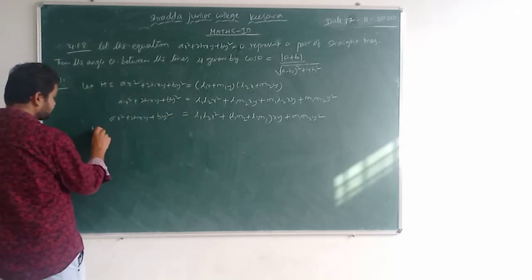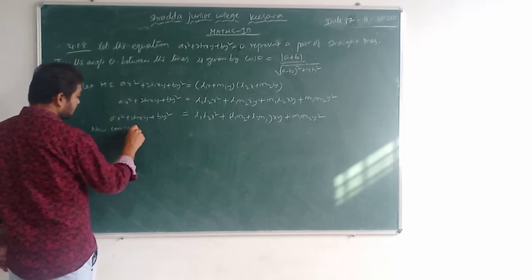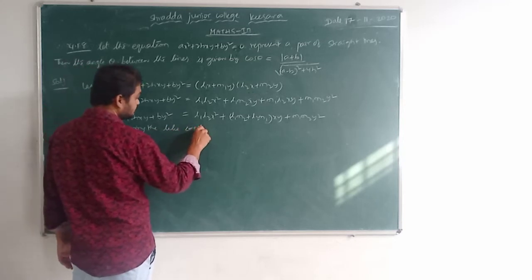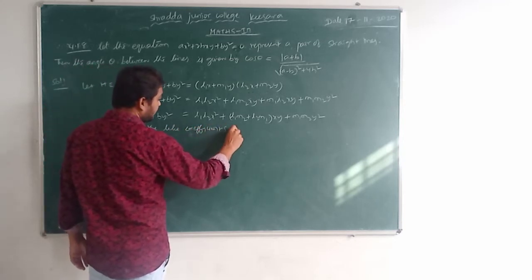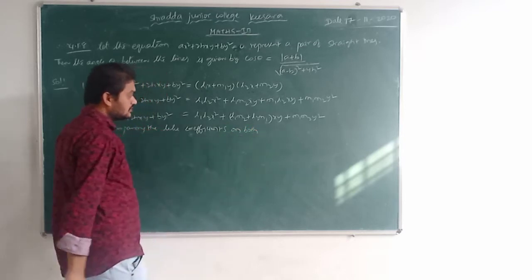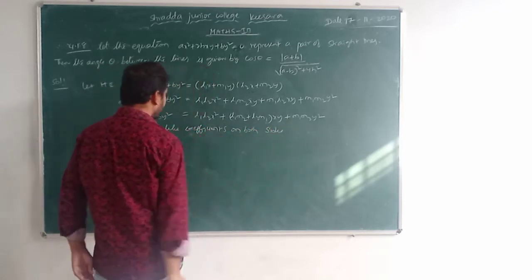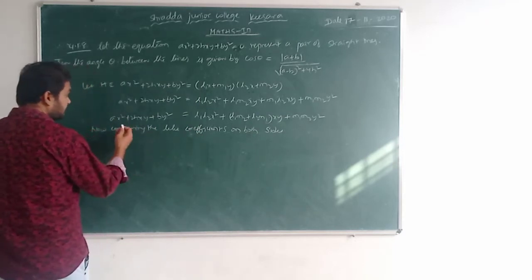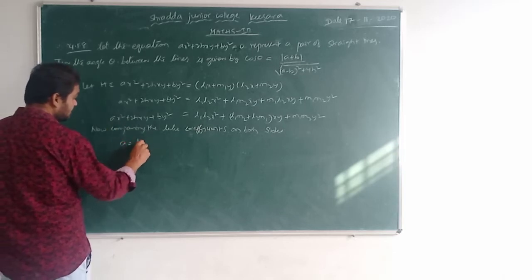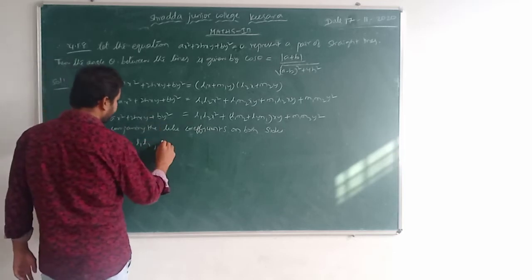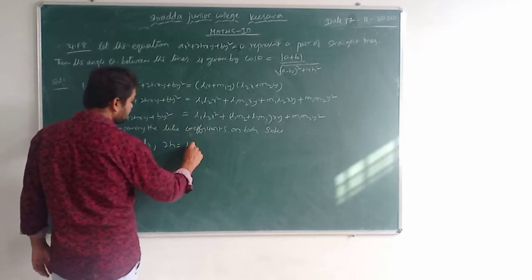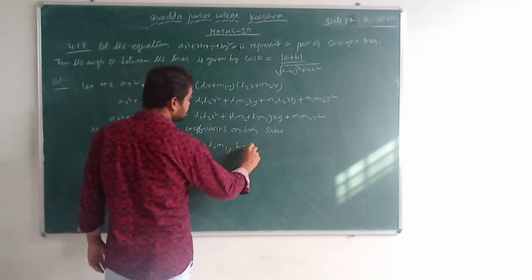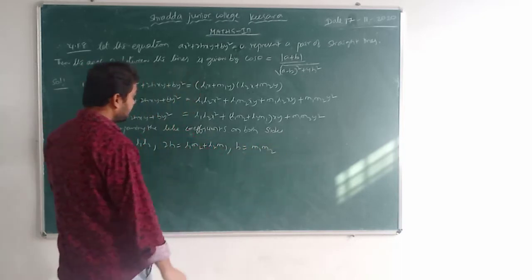Now comparing the like coefficients on both sides. Now see, what is x square coefficient? That is a equals to L1 L2. What is xy coefficient? That is 2h equals to L1 m2 plus L2 m1. What is y square coefficient? That is b equals to m1 m2.